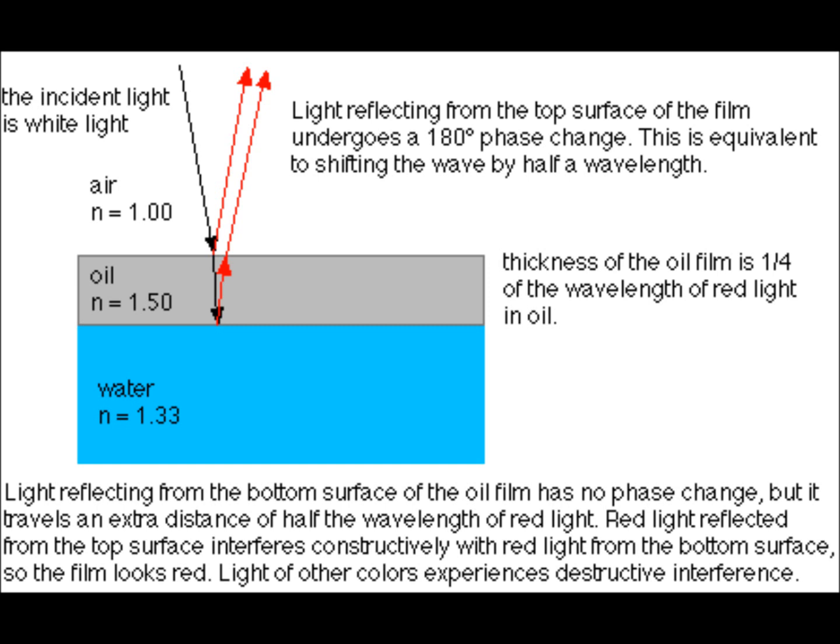Therefore, the total path length difference between these two reflected rays is 1/2 a wavelength from the phase change and 1/2 a wavelength from the path length difference. So, red light reflected from the top surface interferes constructively with red light from the bottom surface because of this 1 wavelength phase change. Therefore, the film looks red. Light of other colors will experience some degree of destructive interference.